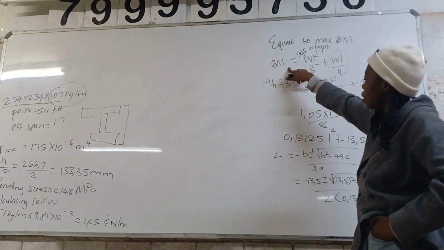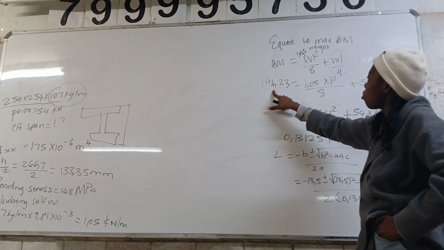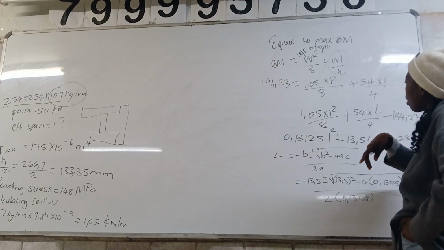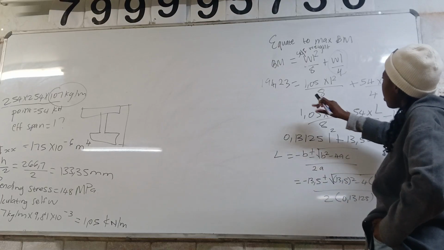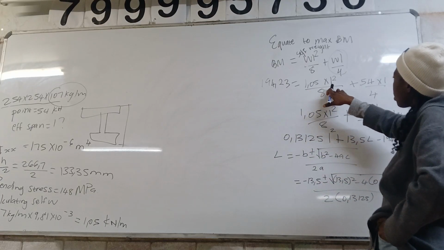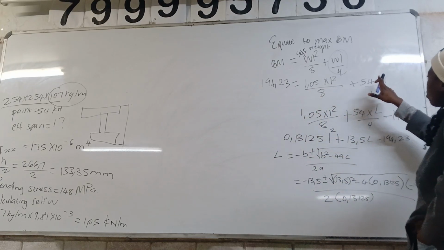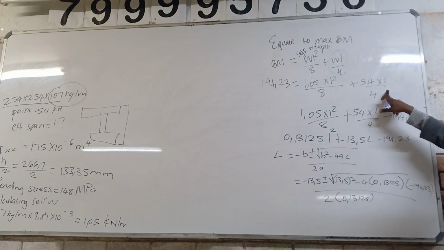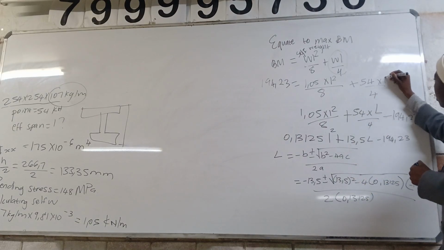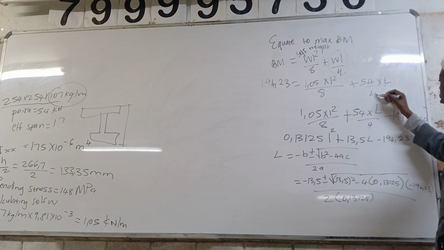Our bending moment maximum we calculated and got 194,23. So you say 1,05 times L squared over 8 plus 54 times L over 4.